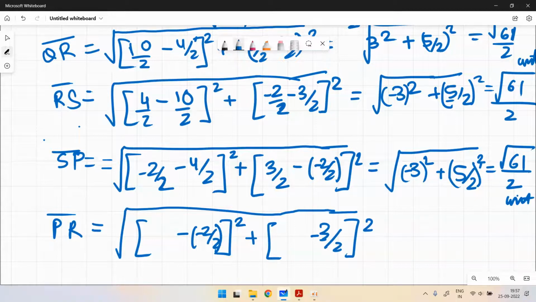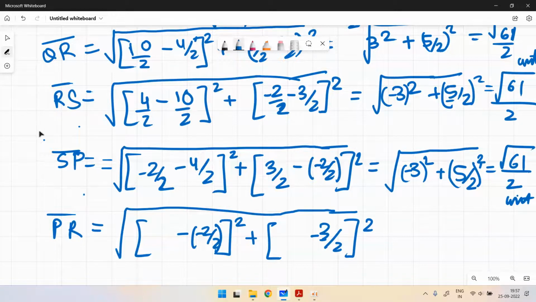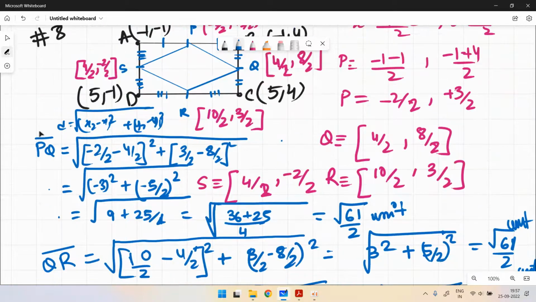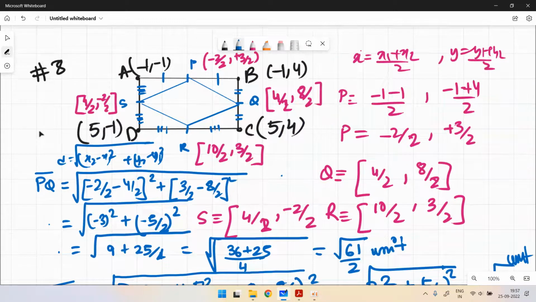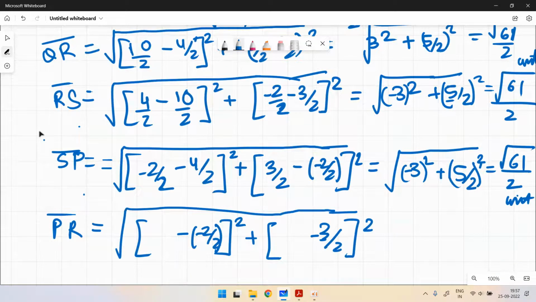So after this I need to get to PR. If I see the R, 10 by 2, 3 by 2. 3 by 2 minus 3 by 2 is 0, and 10 by 2 minus minus 2 by 2, this is plus 2 by 2. 10 plus 2 is 12 by 2, which is nothing but 6 square.